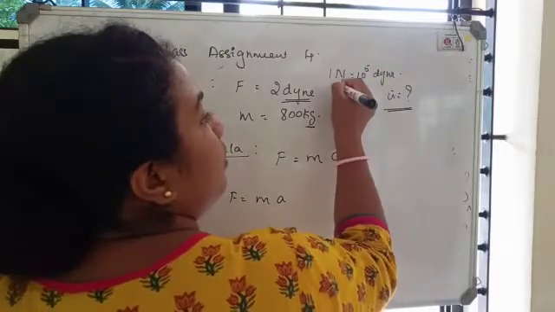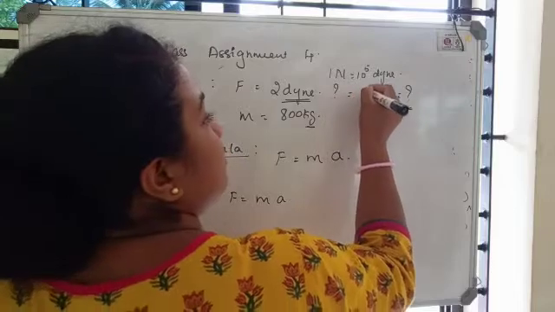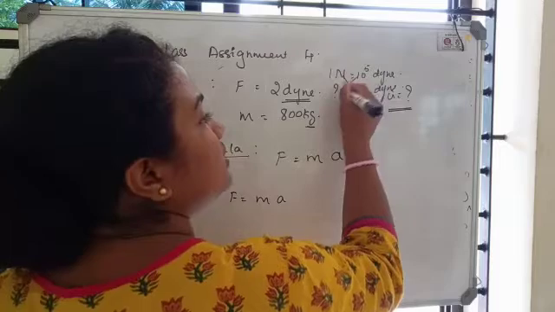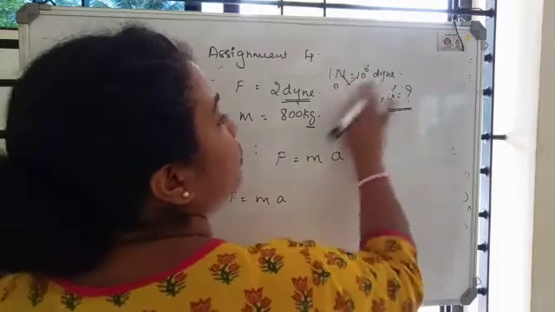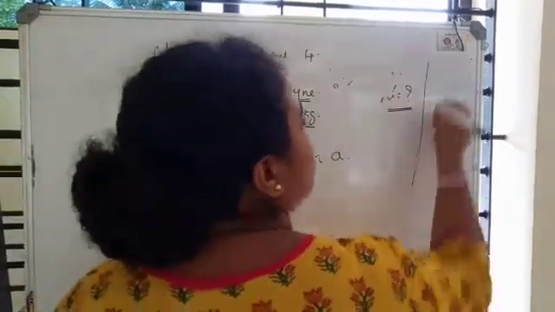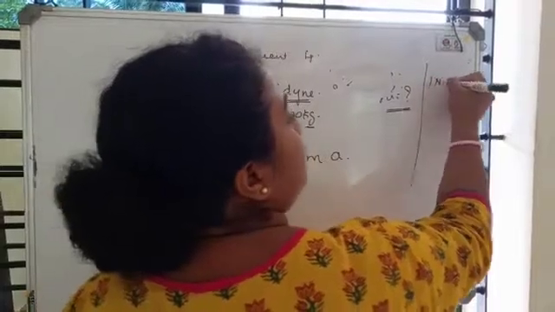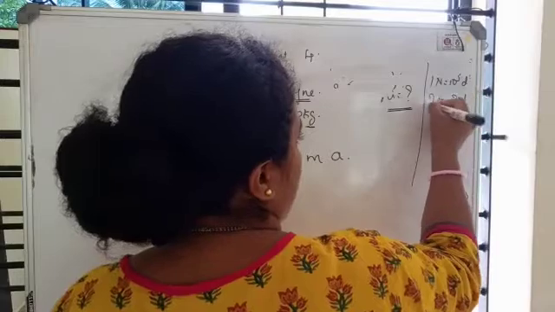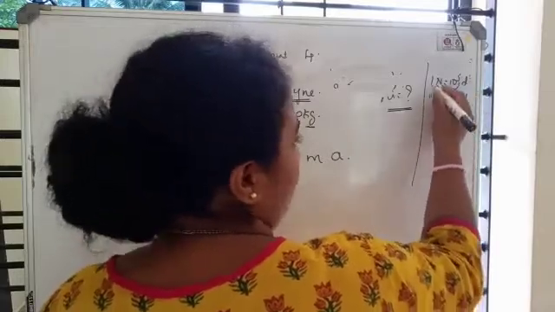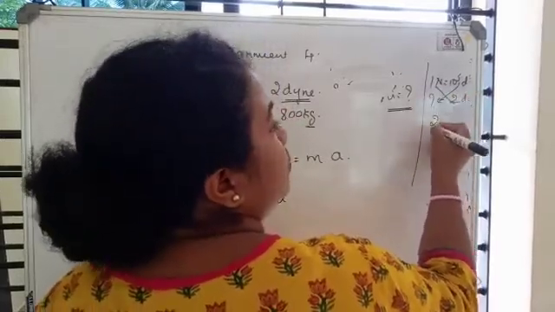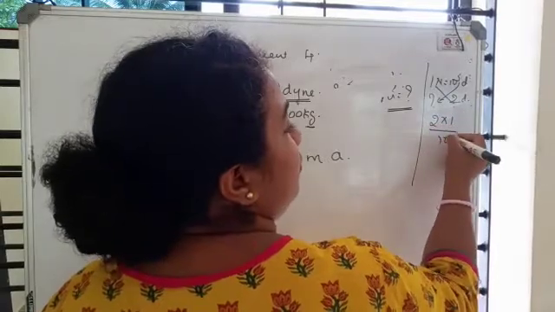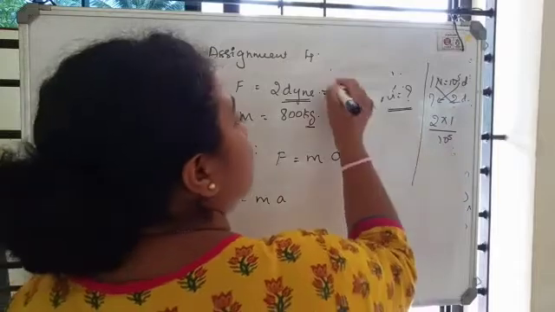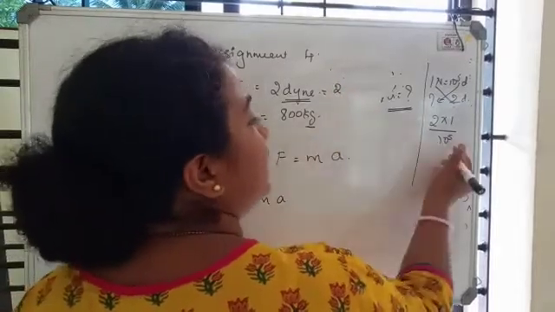Then how much will be 2 dyne? You can just cross multiply, you can do this at the side. 1 Newton is equal to 10 to the power of 5 dyne. Then 2 dyne is equal to how much Newton? Cross multiplying, it is 2 into 1 divided by 10 to the power of 5, so this is 2 divided by 10 to the power of 5.